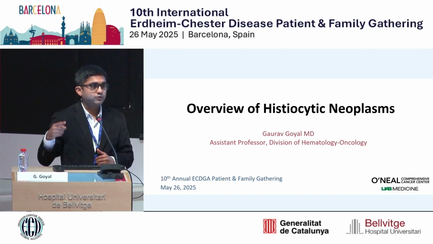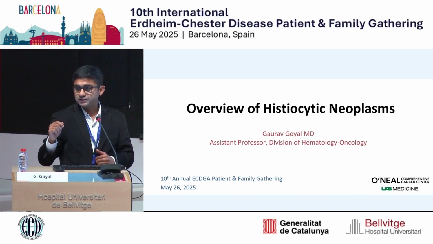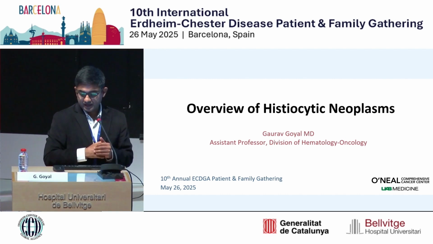One is, of course, to provide an overview of the clinical features of histiocytosis, the three most common ones. The second goal is maybe help us think again about what we think we know about histiocytosis in general, and then ECD specifically. And what can we learn from these histiocytosis to improve our understanding or how the nomenclature came about.